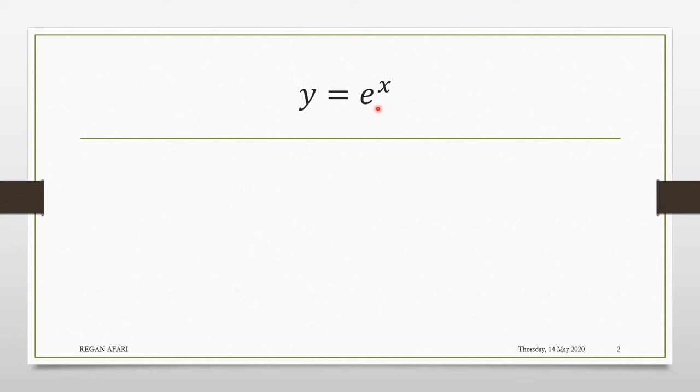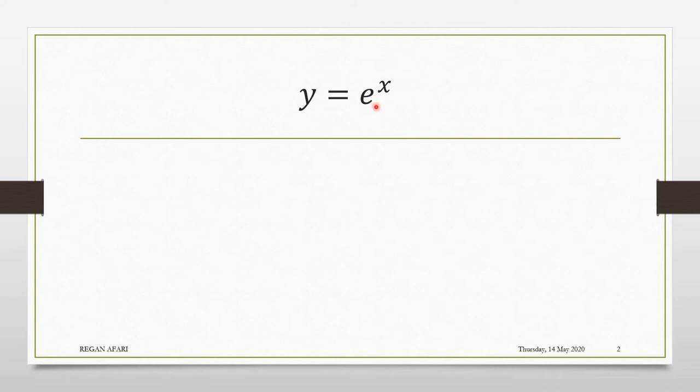Right, so an example is e to the power x, the simplest exponential function you would ever meet. When you differentiate e to the power x, the good news is that the answer is e to the power x, okay?